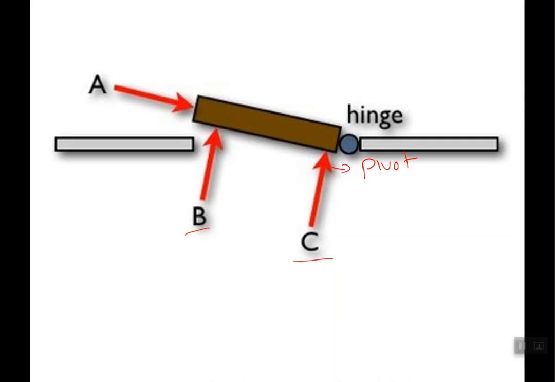At C, that's the distance. At B, the distance is much greater.